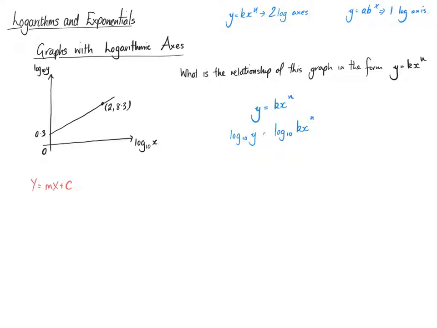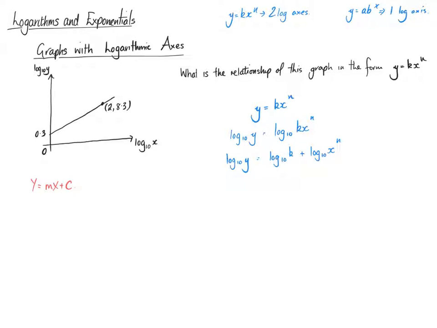Okay, so we're getting there. We've got log to the base 10 of y instead of y, which is what we have on our axis. We don't have y, we've got log to the base 10 of y. So that side we're sorted. We need to do something to the other side, so we can split up our logs. So we get log to the base 10 of k plus log to the base 10 of x to the power of n.